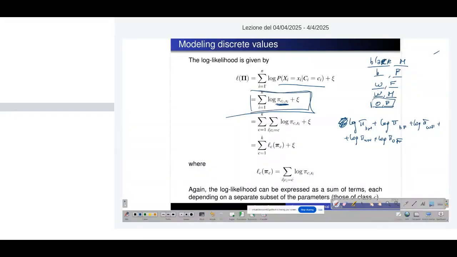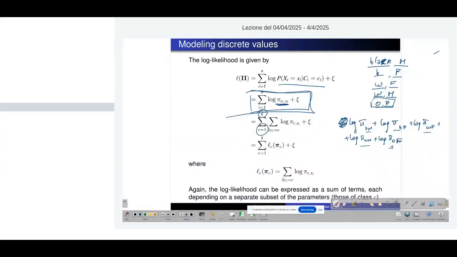Now, these are sums over samples. I rearrange these terms in a way to put in the sum first all the terms of the male class and then all the terms of the female class, or vice versa, as you prefer. But in any case, I arrange them so as to put together the terms that belong to the same class.